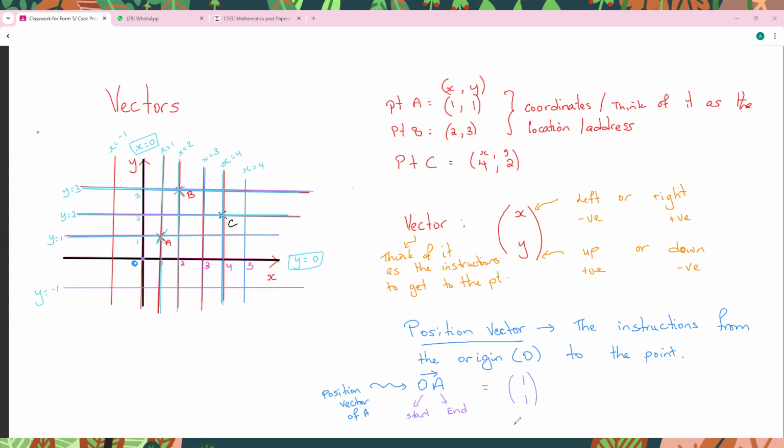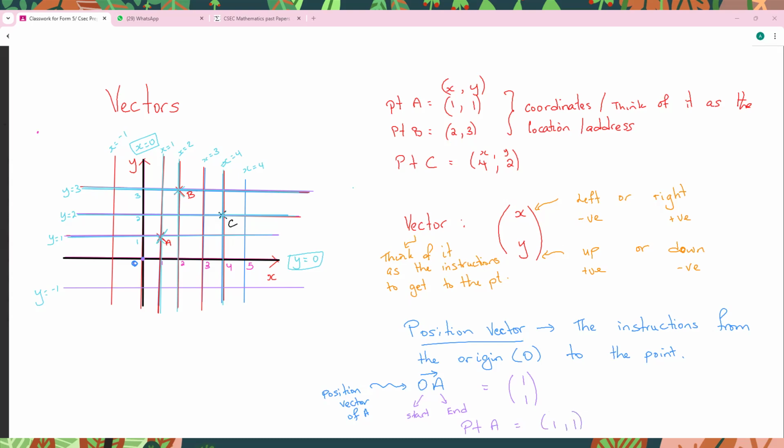Now, the position vector is going to correspond with the same values of x and y as the points. So point A will be (1, 1).